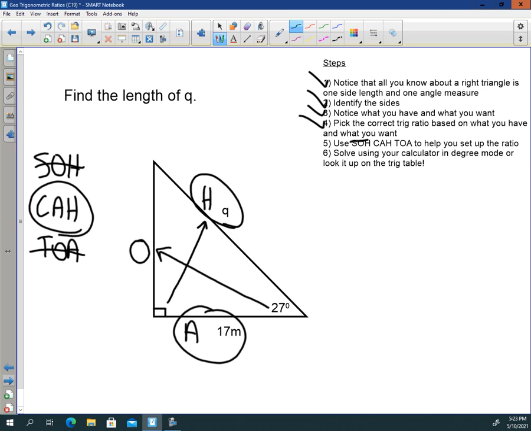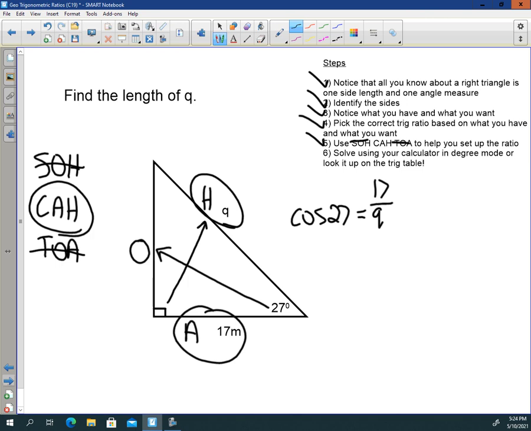Now I'm going to use the cosine of the angle is the adjacent over the hypotenuse to set up my ratio. The cosine of the angle is the adjacent, 17, over the hypotenuse Q. And we're off and running. So now I'm going to solve.